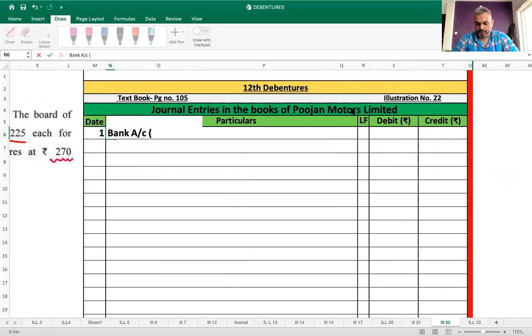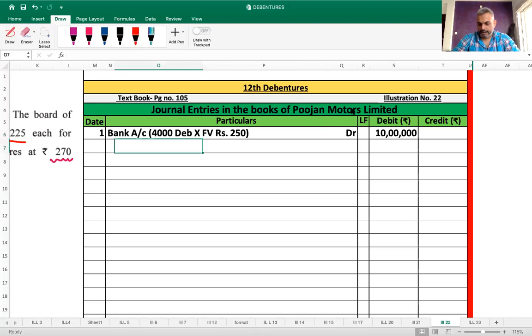Now, how many debentures? 4,000 debentures into face value rupees 250. So 10 lakh, to debenture application and allotment account, 10 lakh.